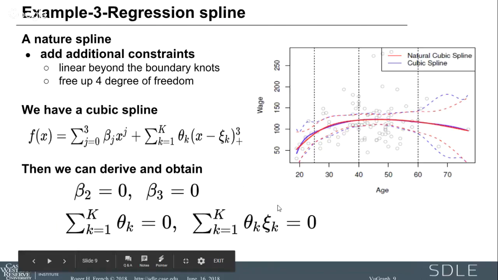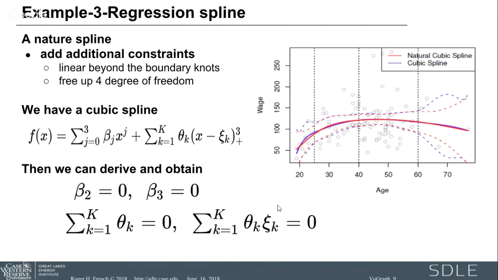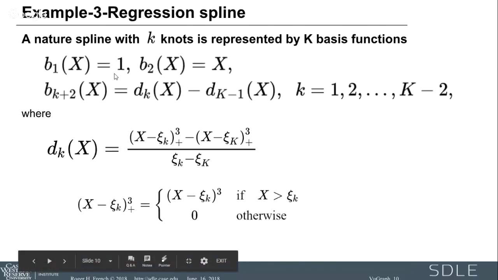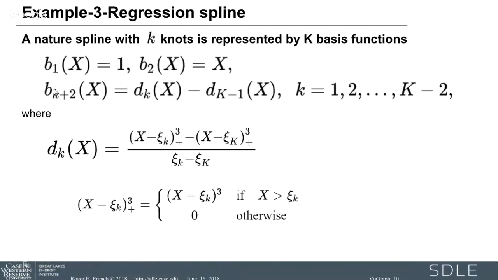Therefore, the natural spline can be represented by k basis functions like this: B1 is 1, B2 is x, which is the linear term, and for each knot we have the remaining basis functions represented like here.